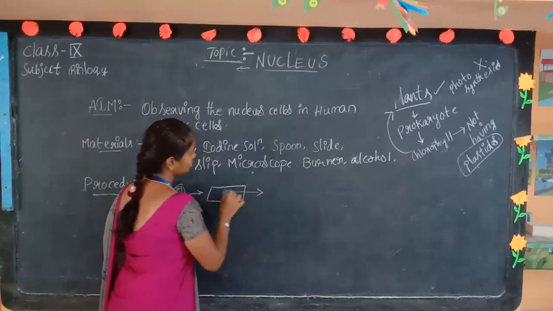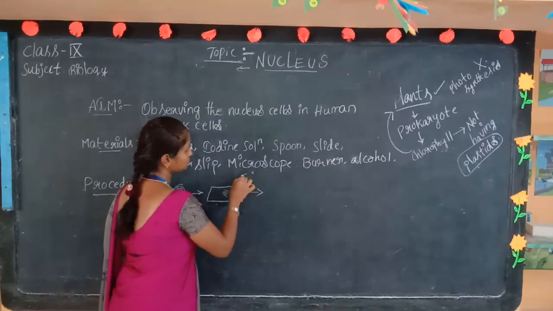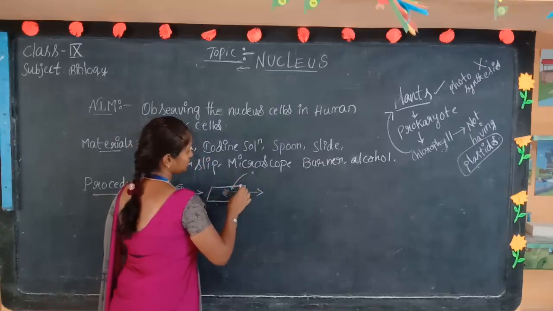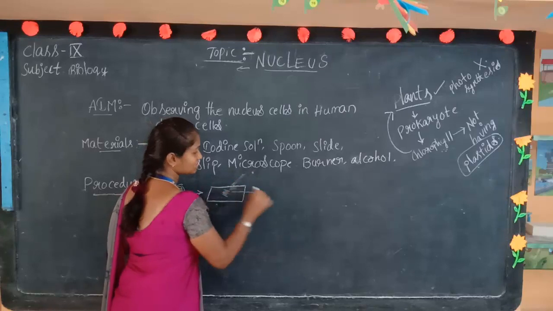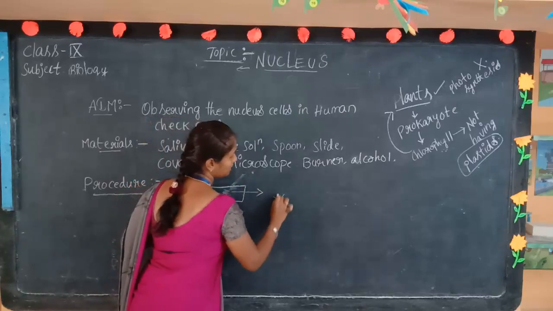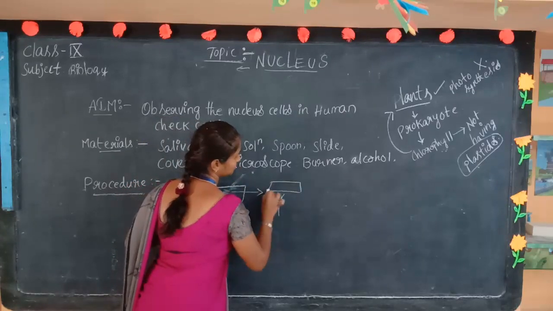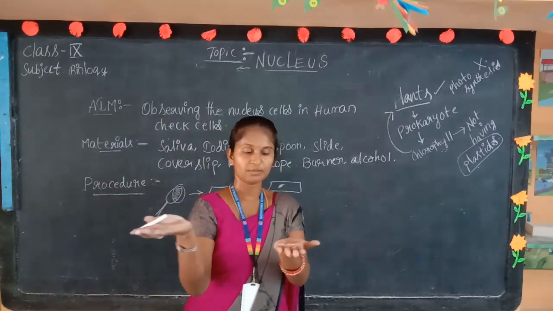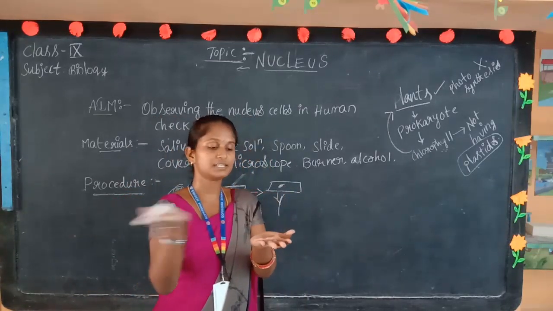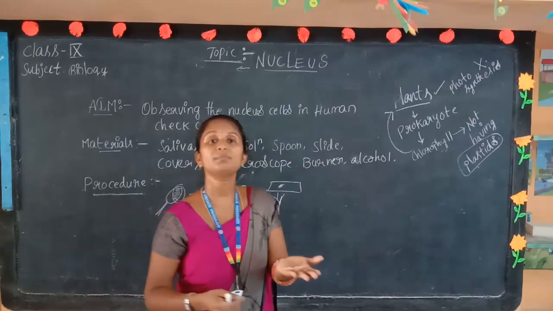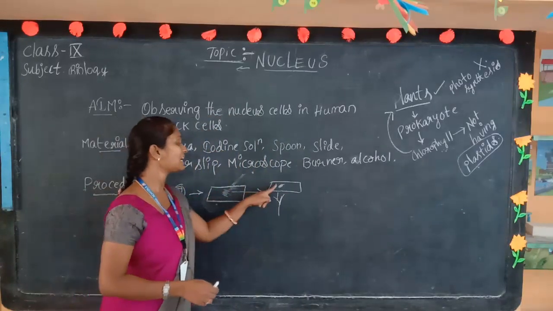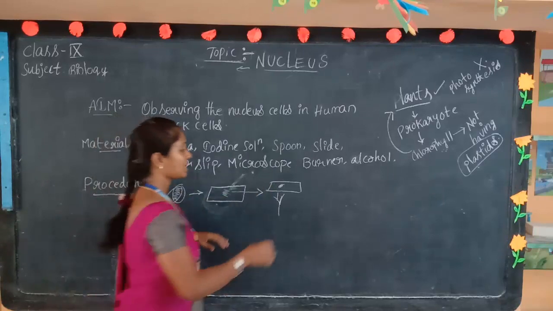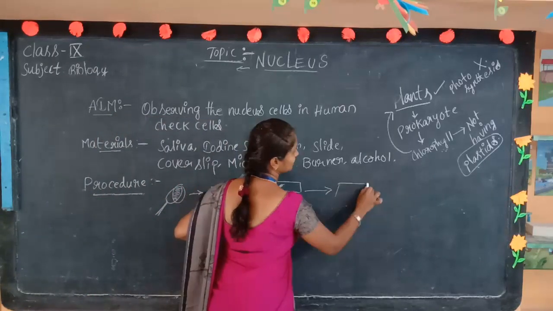After that, this slide needs to be heated. Just place it near the fire, keep it and remove it. Why? Because the cells need to attach to the slide. After that, remove the slide.